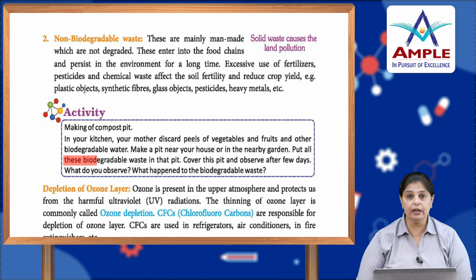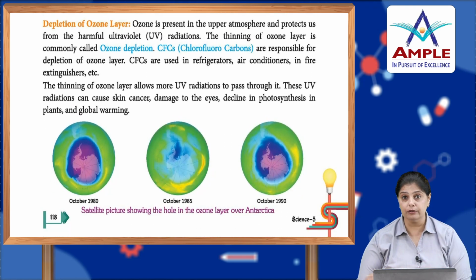Put all this biodegradable waste in that pit, cover it and observe after a few days. What will you observe? What happened to the biodegradable waste? You will see that slowly and gradually it forms into soil. The process happens on it and forms soil, which is a very good manure.